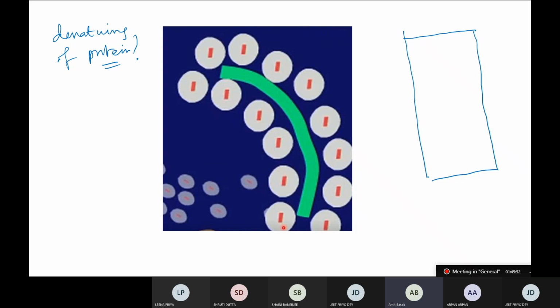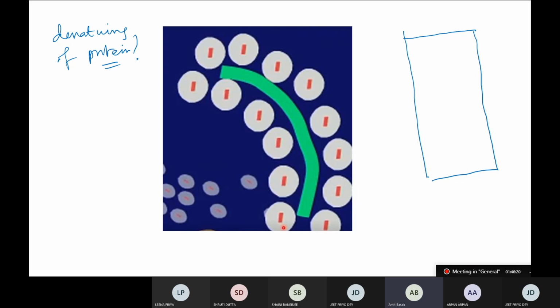The classic example of denaturing of protein is you take an egg and boil it, and the whole thing becomes a solid. The egg white is actually a protein, ovalbumin. It is the same protein, but totally denatured. Earlier it was a transparent, jelly-like liquid, and when you boil it for some time, it becomes a solid.